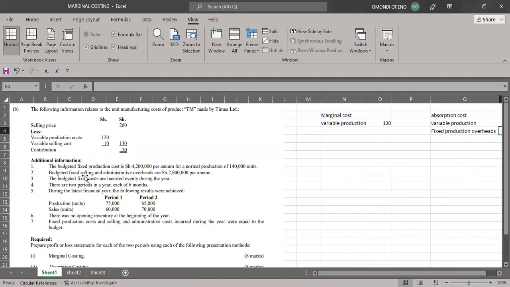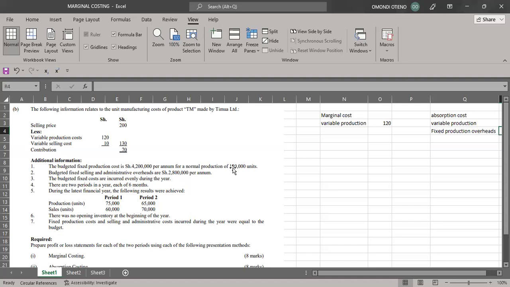Remember, production is done after every 6 months. And we are told under information number 3 that the budgeted fixed costs are incurred evenly during the year. So what do we need to do? We need to take the total budgeted fixed production cost for the entire year. We divide by the number of units, so that we get the fixed production cost per unit.